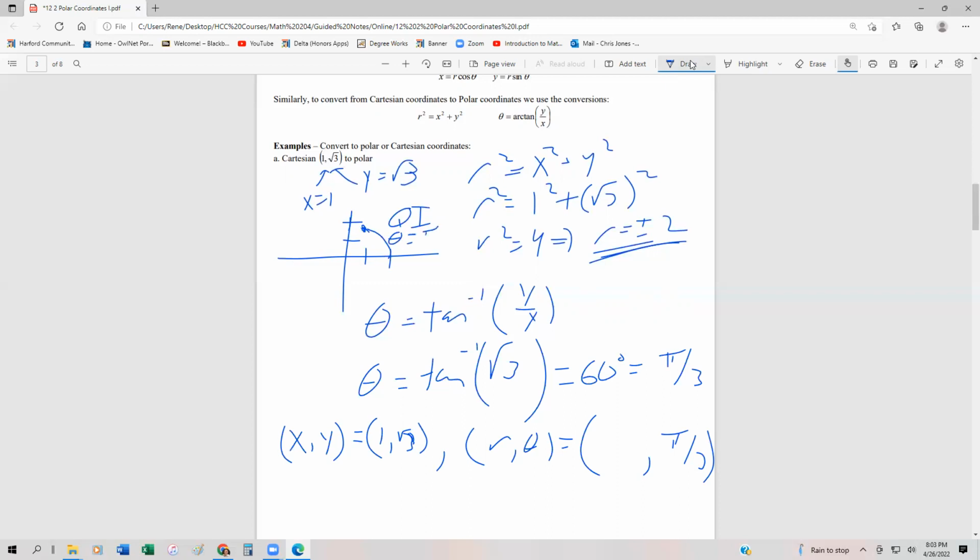So that's what you're going to do, you're just going to plot them both. If it were negative 2, pi thirds, it would end up here, and that's not the one that we want. So it has to be positive 2, pi thirds.